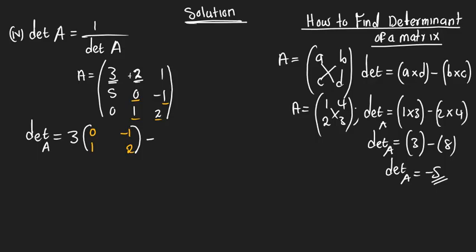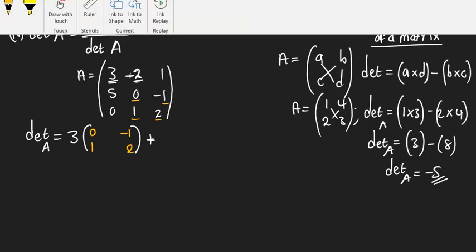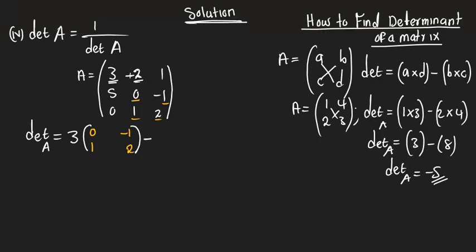I'm going to say negative. If this 2 was negative, what was I going to say here? Positive. So you do the opposite for the second one. So minus 2. Then I open the bracket.